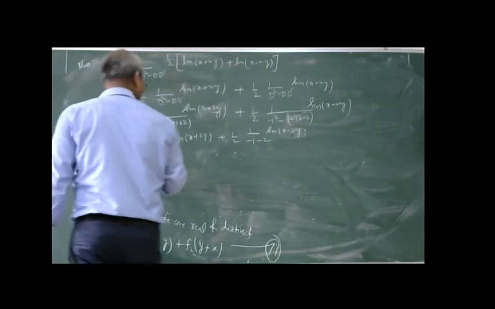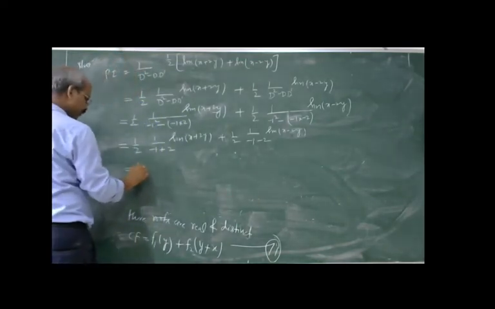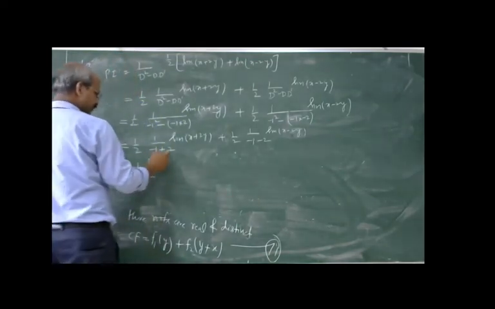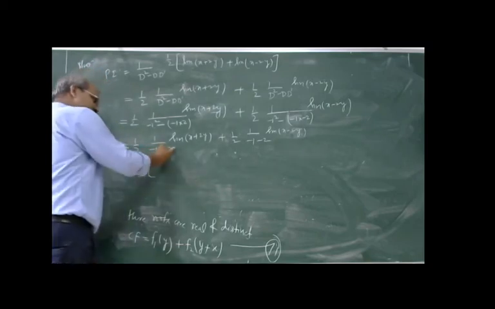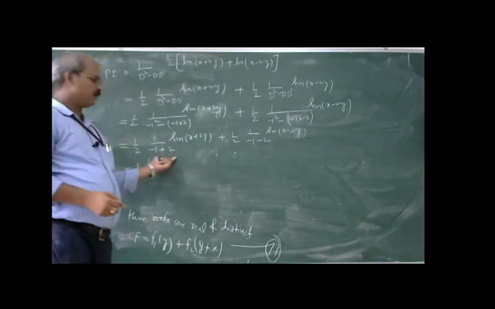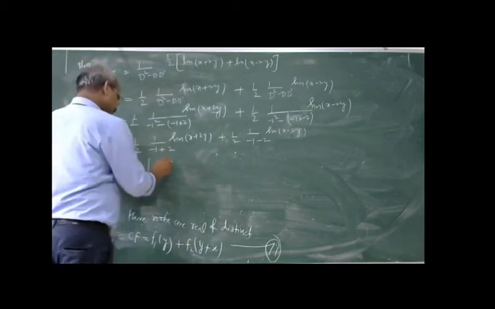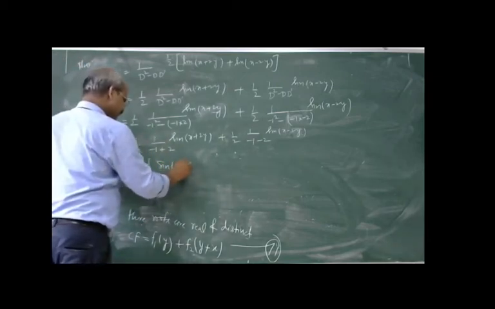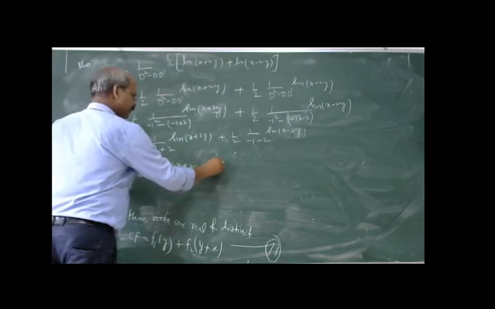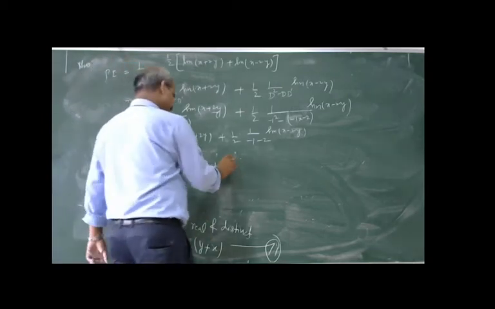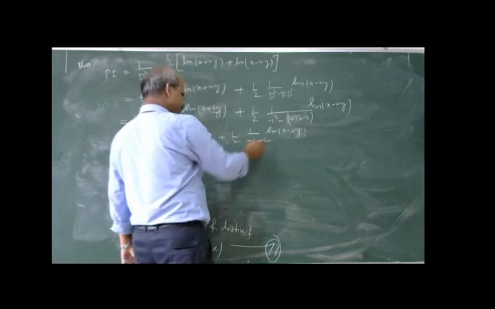So now from here 1 by 2, 2 taking common, and now this becomes 1 minus 1 plus 2 becomes 1. So this whole thing becomes 1. This is a sine x plus 2y. And here this is minus 1 minus 2, minus 3.